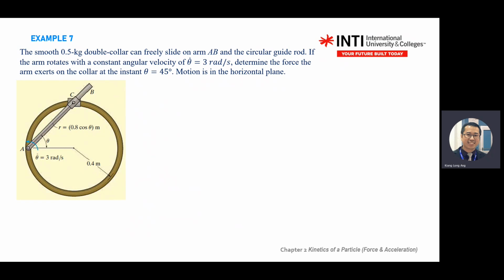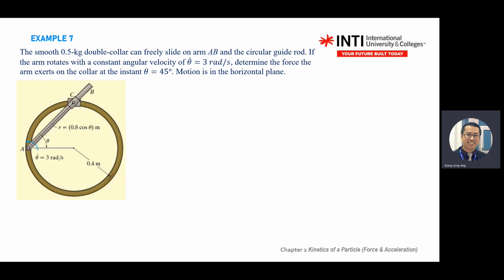Same procedure. You are given a smooth surface, what I mean by smooth is no friction. The 0.5 double collar can freely slide on the arm AB. If you move this arm AB, this one can slide here and slide here, but it will still remain a circle. When you see a circle, you know you have to use normal and tangent only.